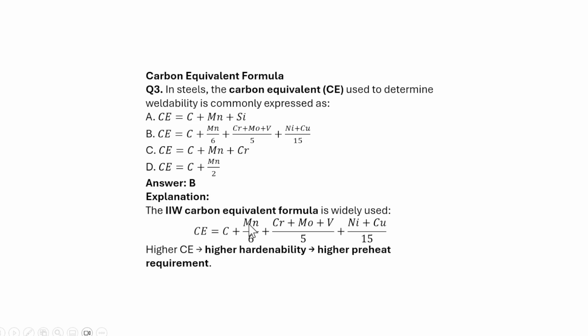If we put the percentage of each element into this formula, we can get the carbon equivalent. If the carbon equivalent is higher, the hardenability is higher. If hardenability is higher, we have to slow the cooling rate, so we have to give a high preheat treatment requirement. So this is the formula for that.